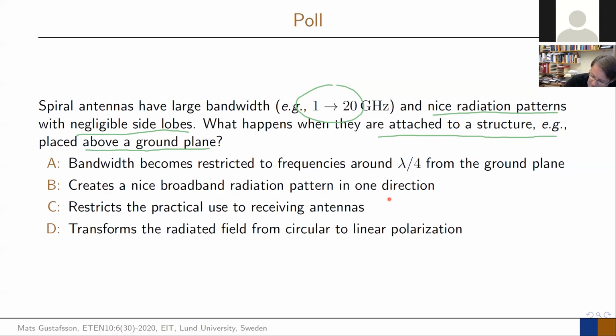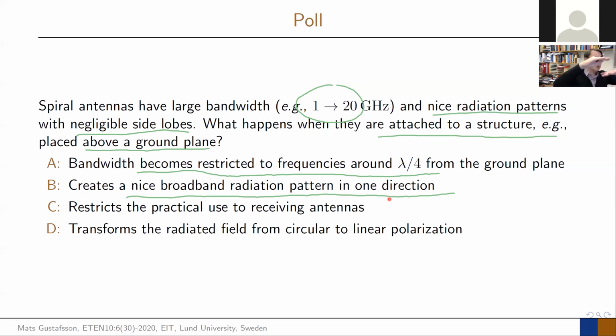In A here, the bandwidth becomes restricted to approximately lambda over 4 from the ground plane. Which of course would mean that if you have 1 to 20 gigahertz, it's only at some of those frequencies that you're close to lambda over 4 on the ground plane, which means you lose all your bandwidth. In the B case, you could create a nice broadband radiation pattern in only one direction.